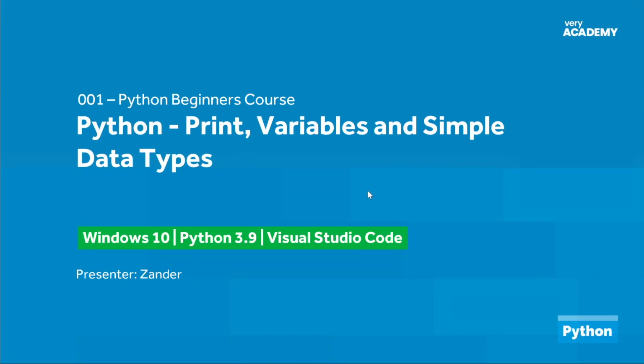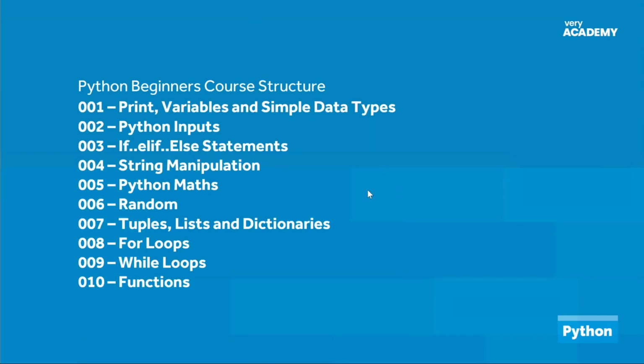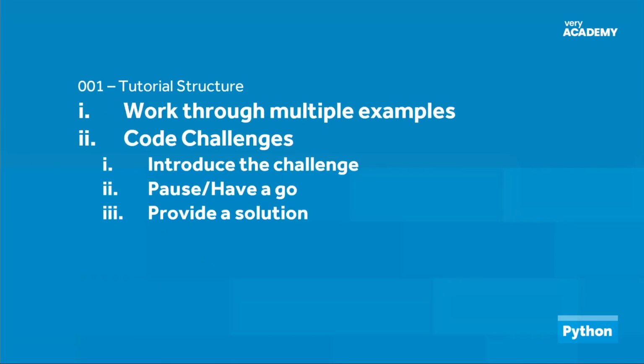This course is broken down into 10 components. In this tutorial, we're looking at print, variables and simple data types. Essentially, this first tutorial is just giving you all the underpinning skills that we're going to need to push on into other sections of this course. In the structure of these tutorials, we will work through multiple examples. You can follow along here if you want to, or you can simply just watch, get to the end, and then participate in the code challenges.